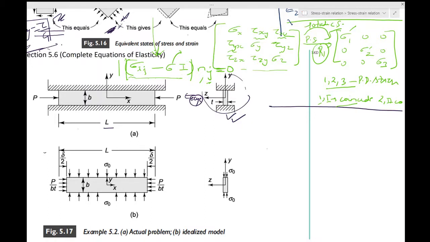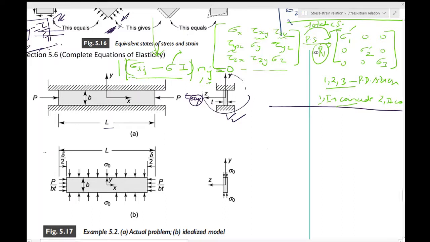It is placed between two rigid walls a distance B apart, and it is acted on by axial force P. So you have a force along the axis, which is P, shown in the figure.